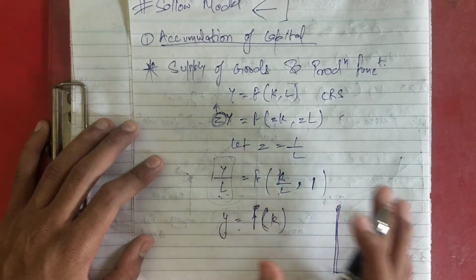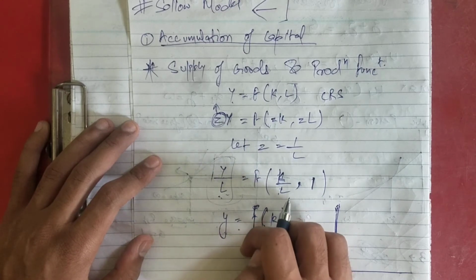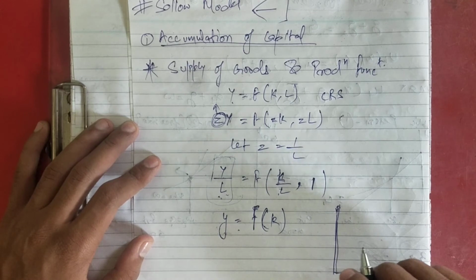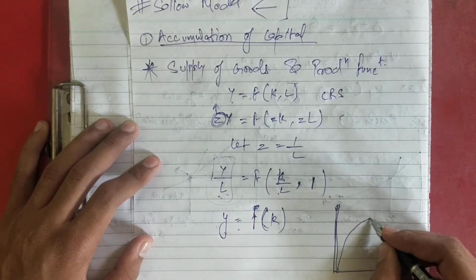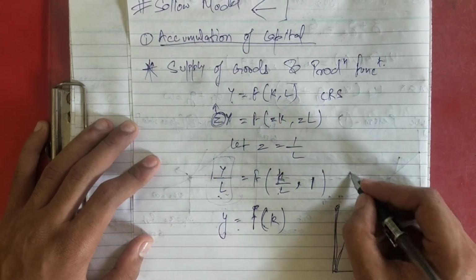What we are assuming now is that the law of diminishing marginal returns is applicable here. So how will the production function look? The production function will get flatter as capital per worker increases.